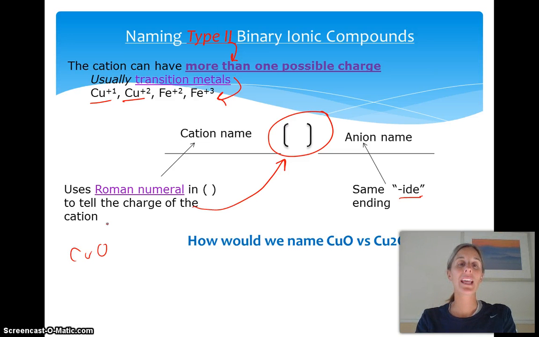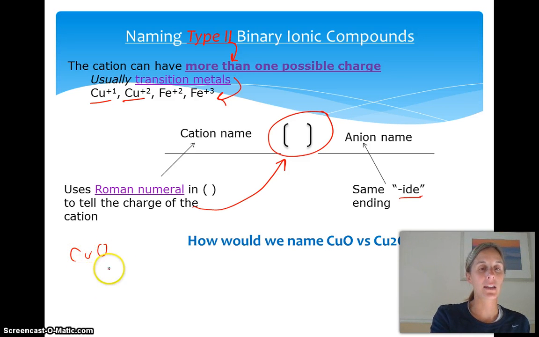So when we're trying to figure out what charge our metal ion has, the anion is going to help us. Because if we look at these ions, we've got one copper ion and one oxide ion. So they have to equal a total charge of 0.